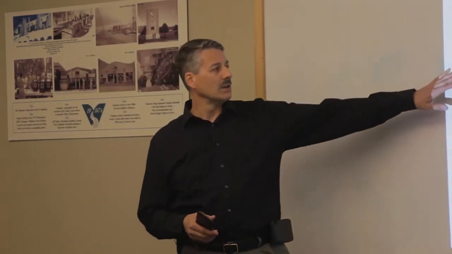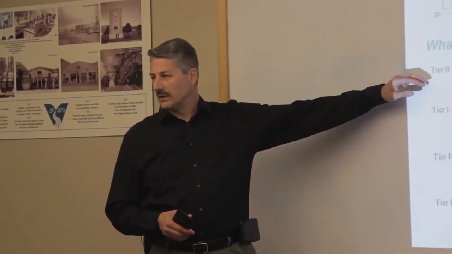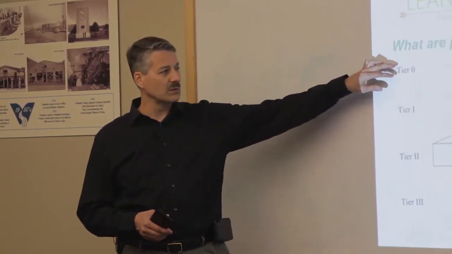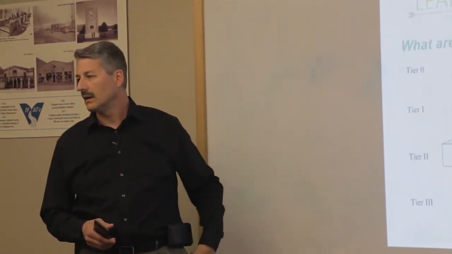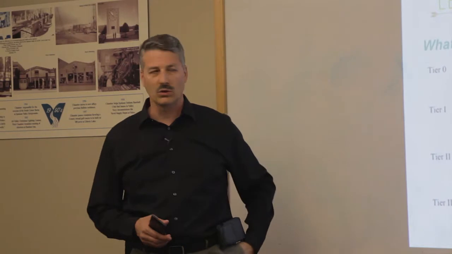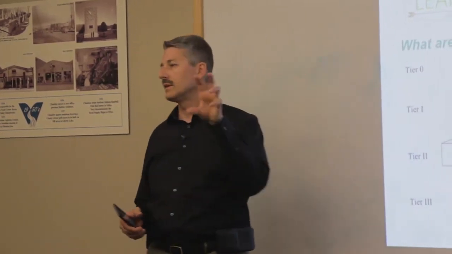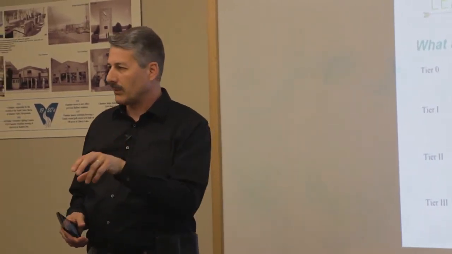So if you have multiple different products, they probably would be in different value streams, and we say that's at the tier 0 level, that I have X product, Y product, Z product.